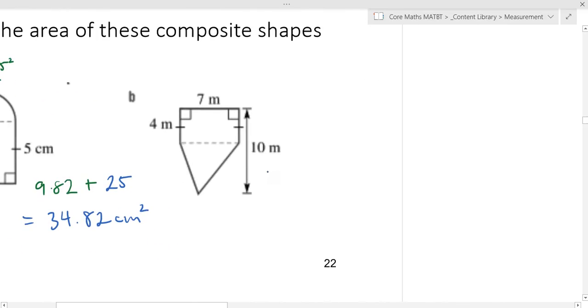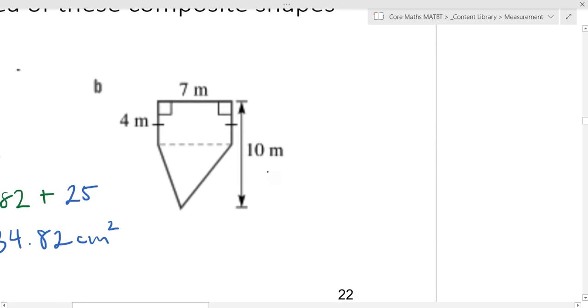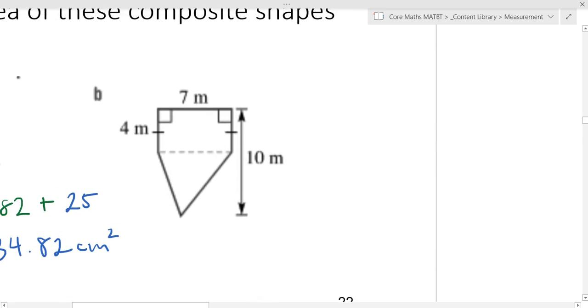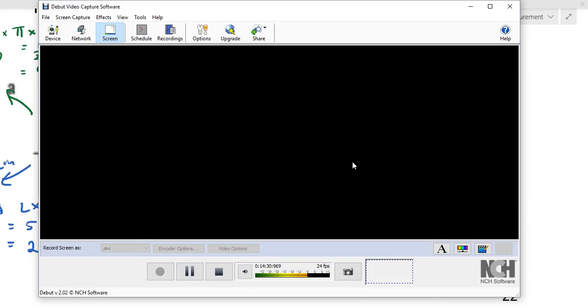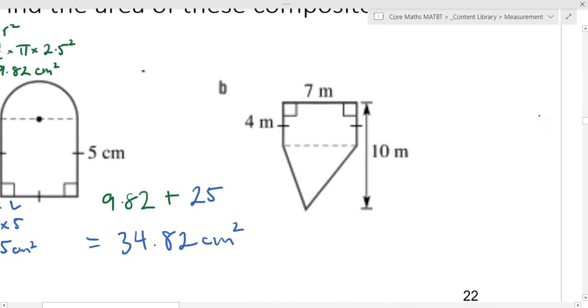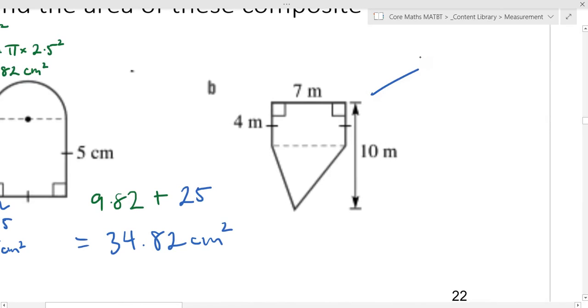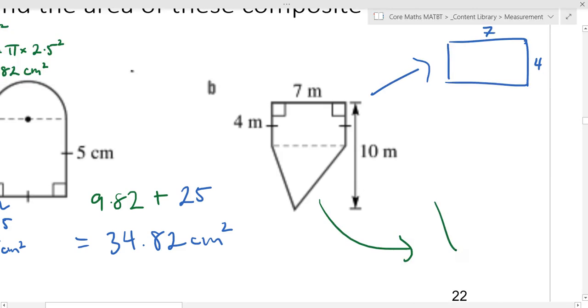Okay, so do the same for this question, guys. I want you to break it up into its 2 shapes and then find its area. Alright, I'm going to go through it. So for this shape, you've broken it up into 2. You've got the rectangle, and the dimensions are 7 and 4. And then you've got the triangle, which looks like this.